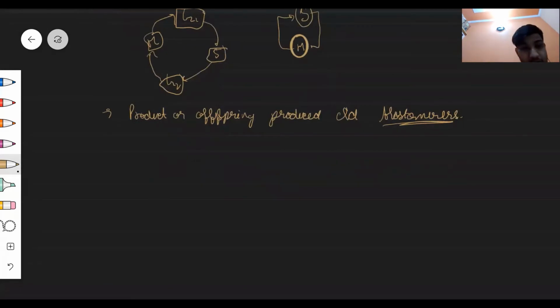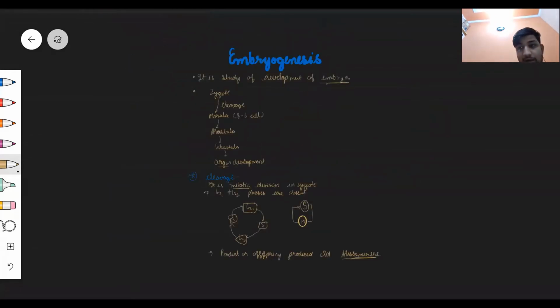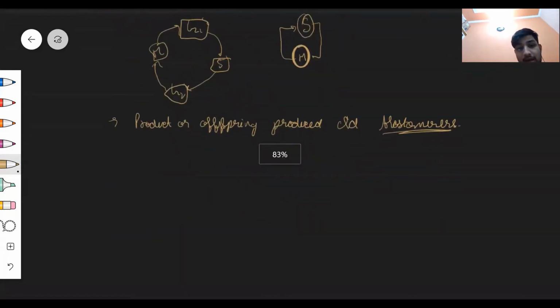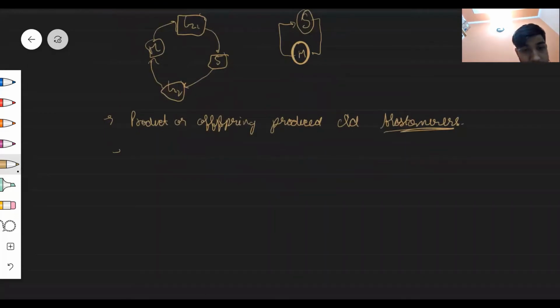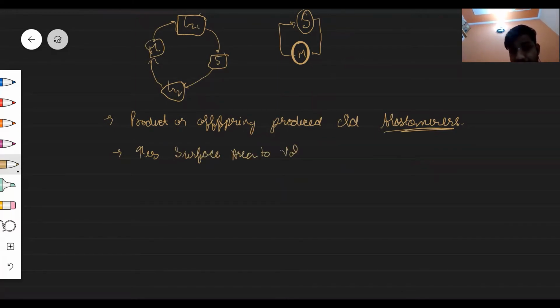And what are the features? Cleavage increases the surface area to volume ratio. It also increases the nucleocytoplasmic ratio.